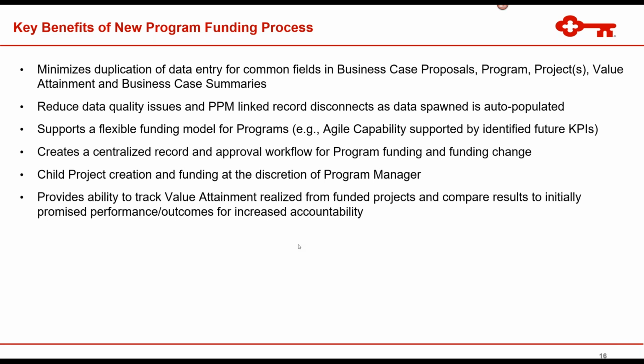It creates a centralized record and approval workflow for program funding and funding change. And the child project creation and funding at the discretion of the program manager, instead of having to go through a funding approval board for something that had already been approved for a huge dollar level. It's making the best use of our senior management time and this funding review board's time.